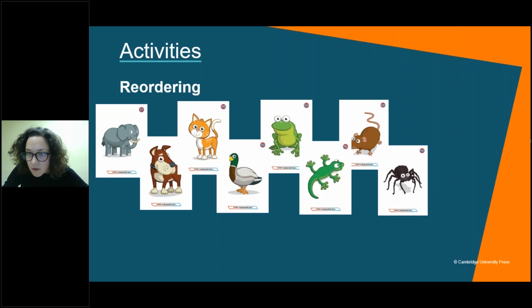Okay, nobody's answered. I will repeat the question. What is the category of the order of these animals? It's not age. It's not how dangerous they are. Why is the order this way?